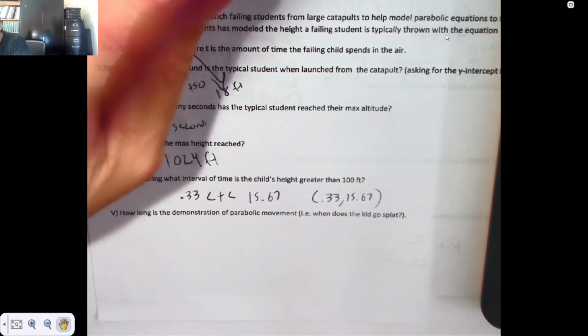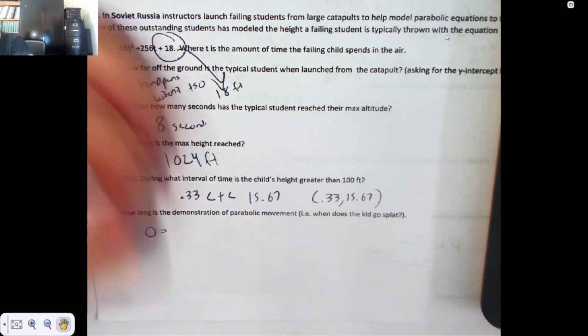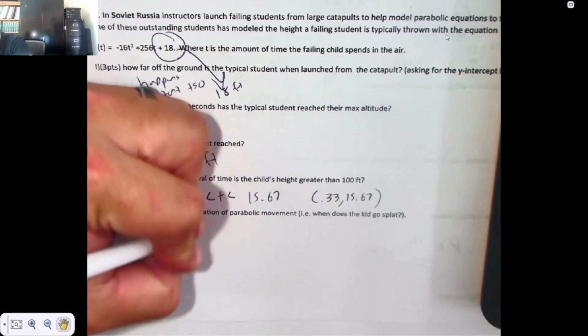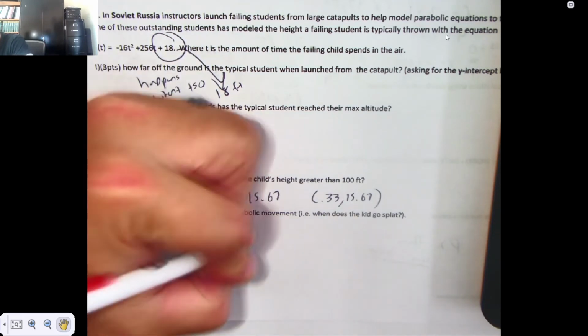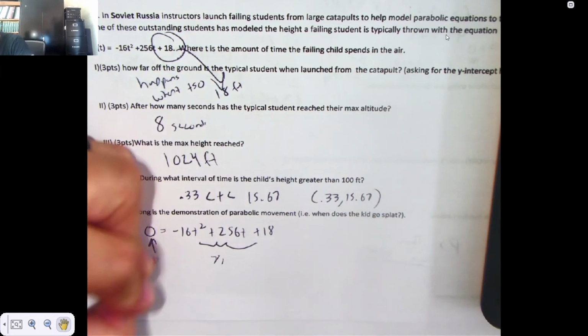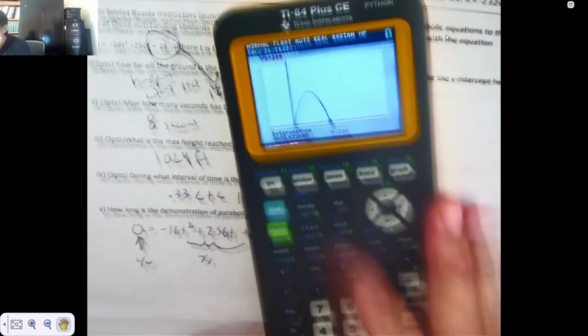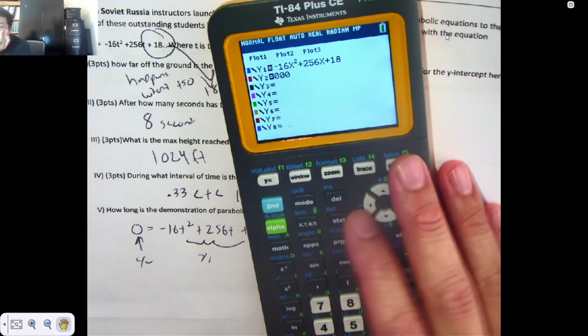Part 5, how long is the demonstration of parabolic movement? You still have to understand that the height is 0. Now we've already put this into y1, so we're going to throw that into y2. So instead of 100, put a 0 there, or 3 zeros, doesn't matter.